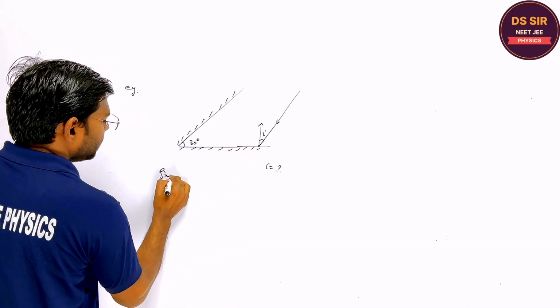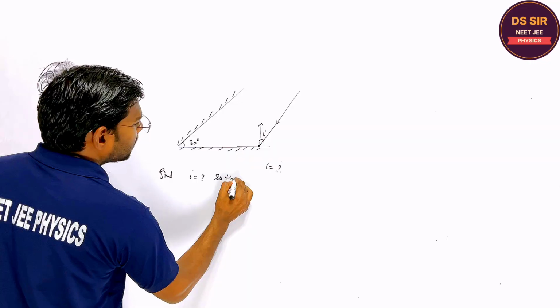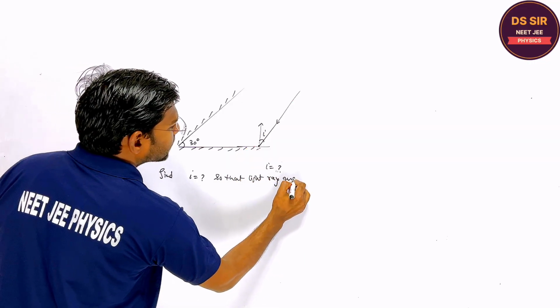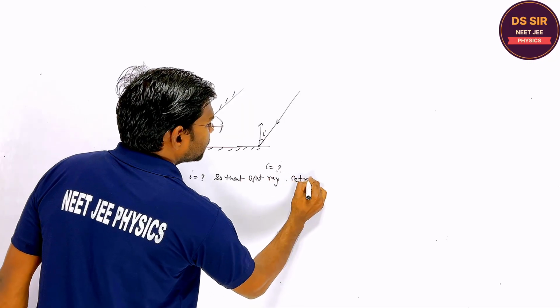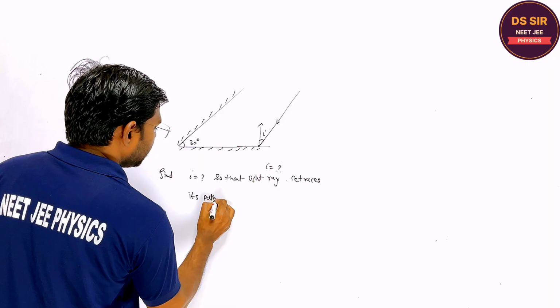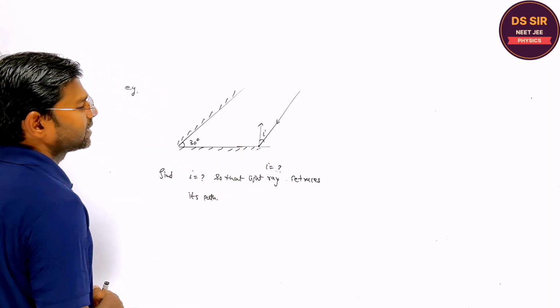Find the incident angle I so that the light ray retraces its path. You have to find this angle.